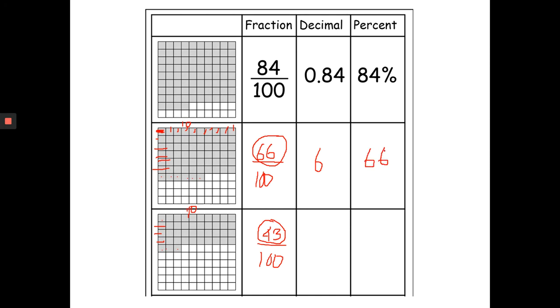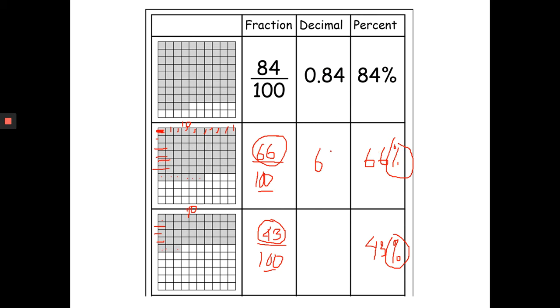Same with 43, 43%. We just copied it because the denominator is 100 and 100 is equal to percent also. So 66 out of 100, 66 of every 100 in percent.